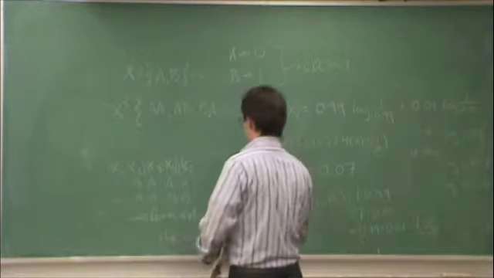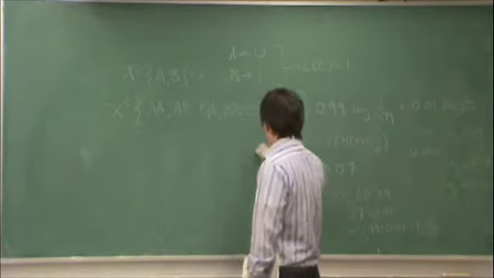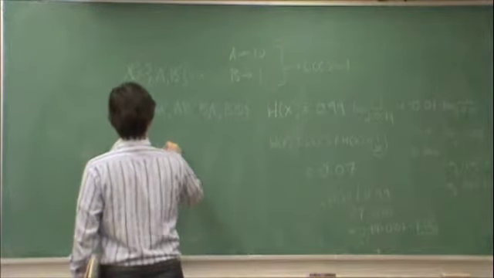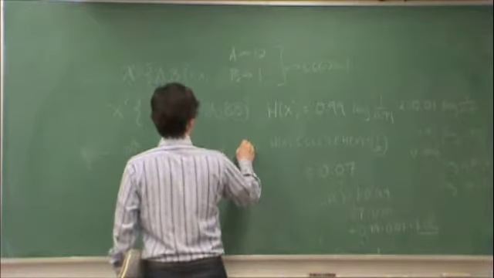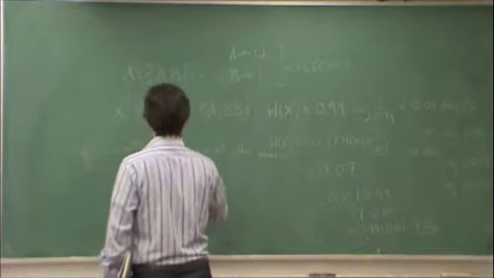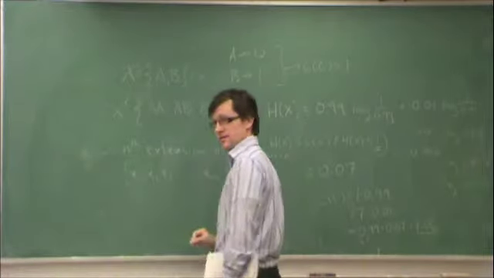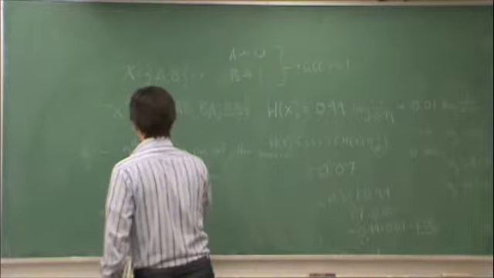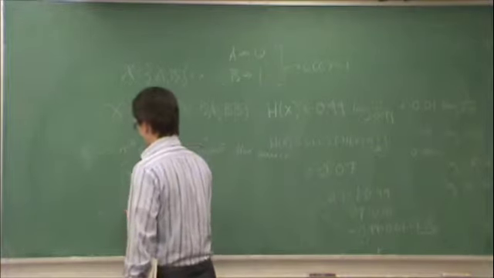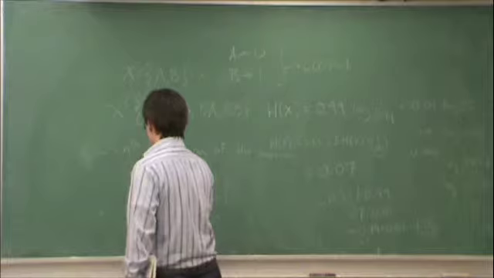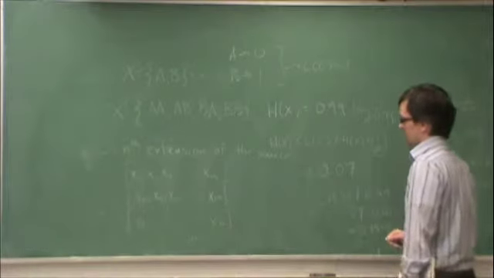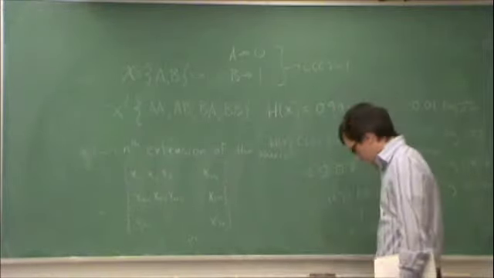We can get the nth extension of the source, which groups x1, x2, x3 up to xn together as one source letter, then xn plus 1, xn plus 2, and so on up to x2n as the second source letter, then x2n plus 1 up to x3n as the third source letter, and so on. It turns out that the larger n gets, the closer you will get to entropy.